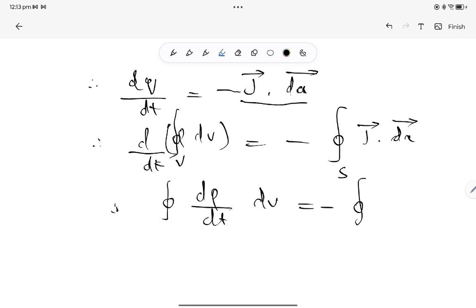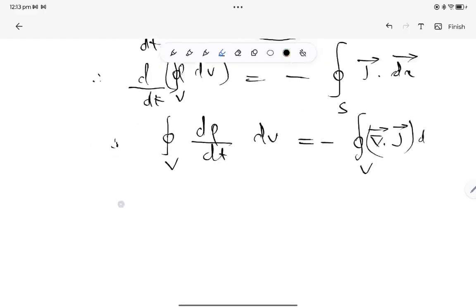We can use Gauss's theorem here, and convert this into a volume integral by converting j into its divergence, del dot j dV. Now, equating the two sides, we get d rho by dt is equal to minus del dot j.